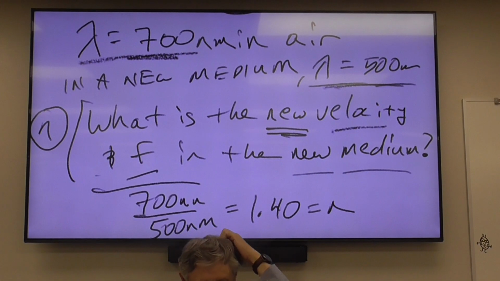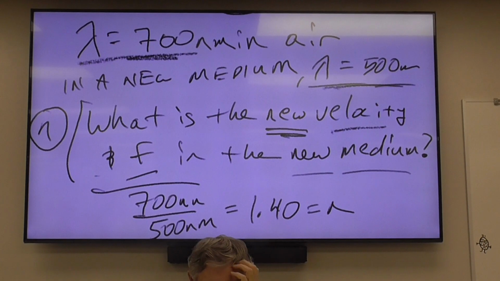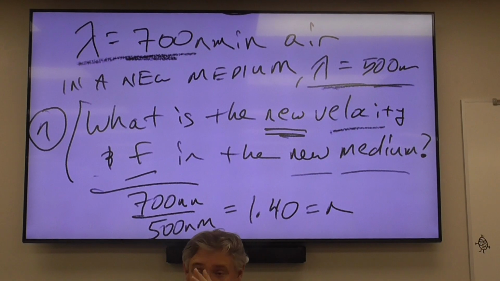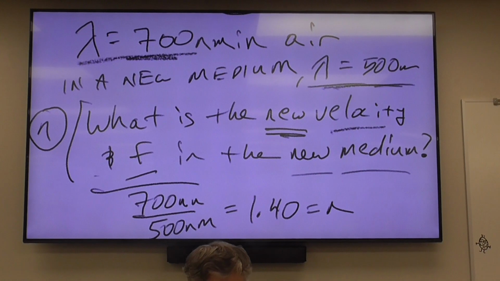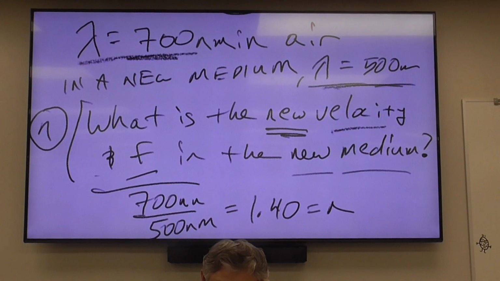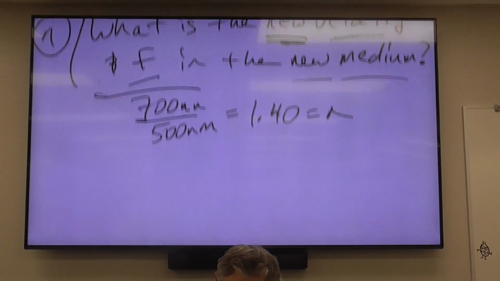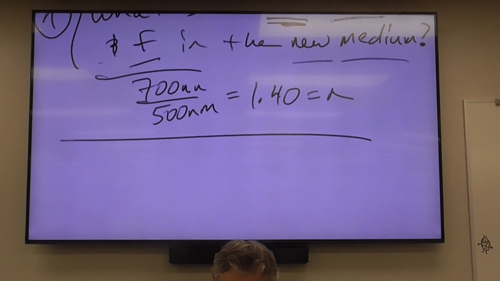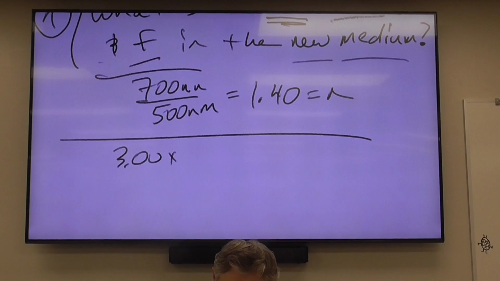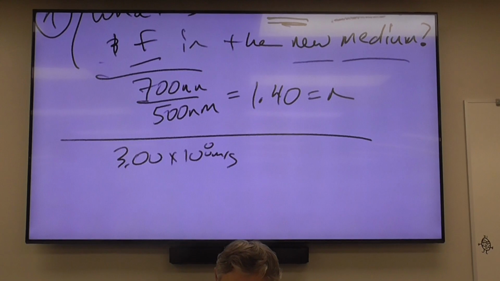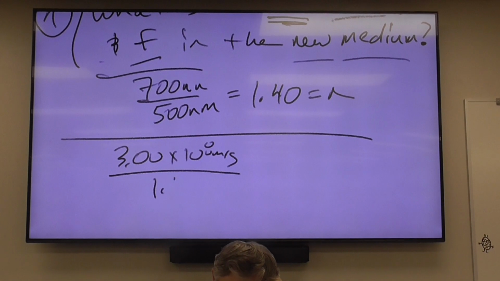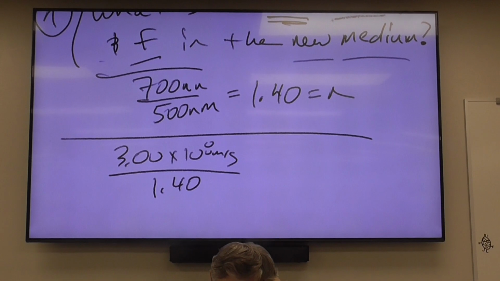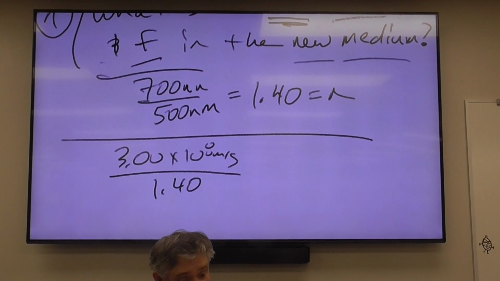Now I've got my index of refraction, so how could I find the new velocity in the new medium? Andrew. Divide C by that number. So Andrew's saying I'm going to take 3.00 times 10 to the 8th meters per second and divide that by 1.40, which has no units because it's an index.